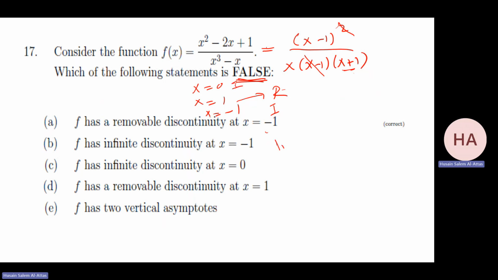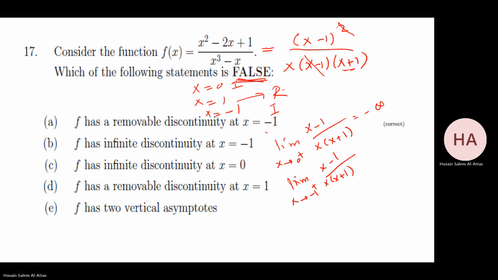You can check. The limit as x goes to 0 from the right for this function: this will be negative, this is positive, this is positive. That will be minus infinity. The limit as x goes to minus 1 from the right: that will be negative, negative, positive. So it will be plus infinity.